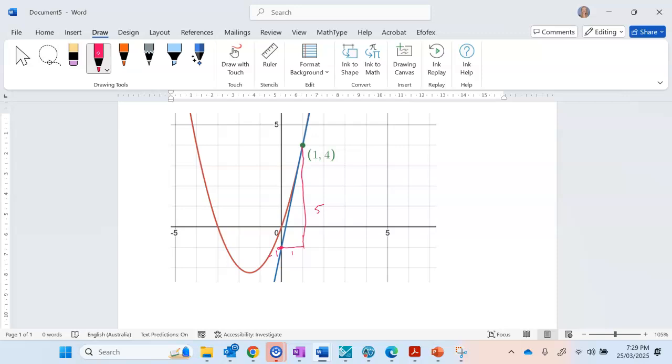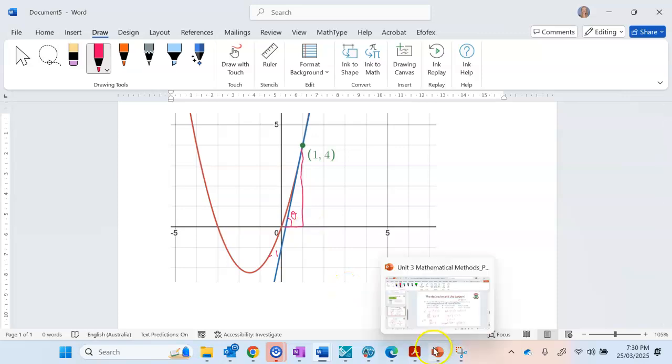So there's our gradient as well, rise over run, 5 over 1. So we're finding this angle here, theta, and that angle there is the same as this angle. I drew it there just to show you rise over run, but we usually just do it from the axis. So you can see there's your right angle triangle. We're finding that value there, theta.